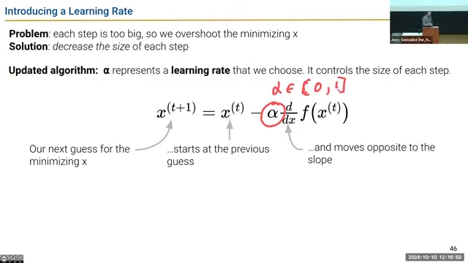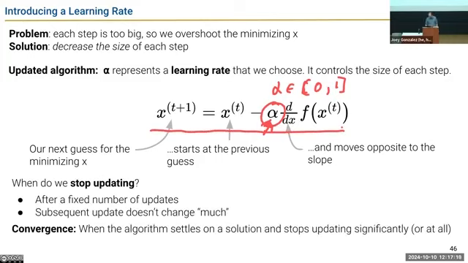Who picks alpha? You, the scientist. And do you tune your alpha? Yes, you do. Are there whole armies of techniques and people working on picking alpha? Yes, there are. A lot of AI research is about what should I do with alpha? Okay. So that's kind of annoying, but this is the algorithm. That's the basic process. We didn't change much.